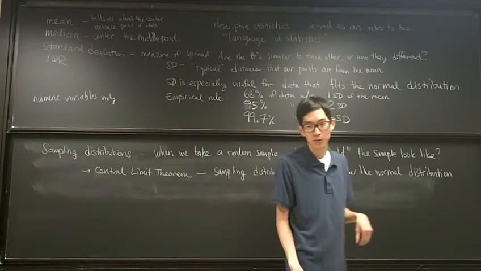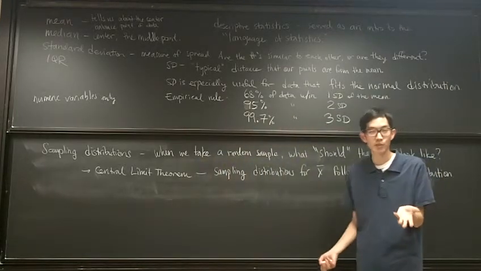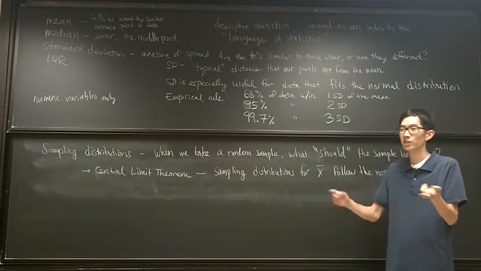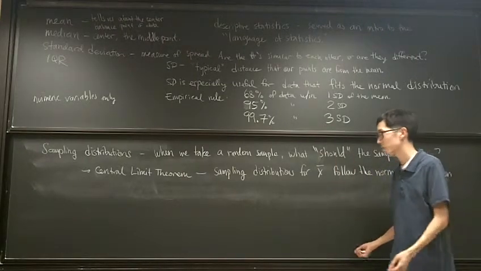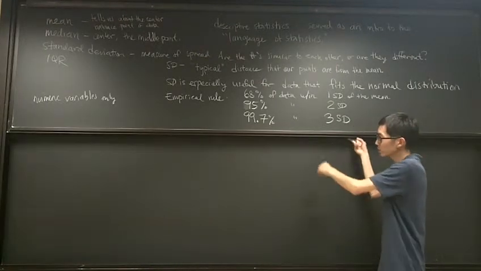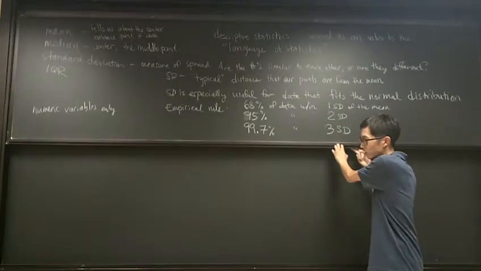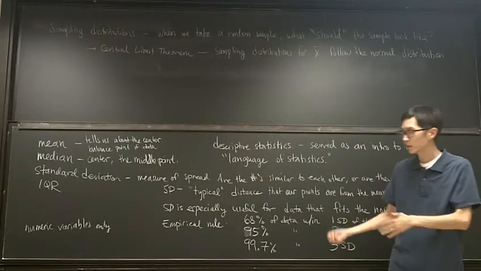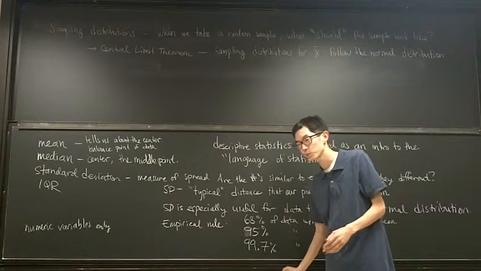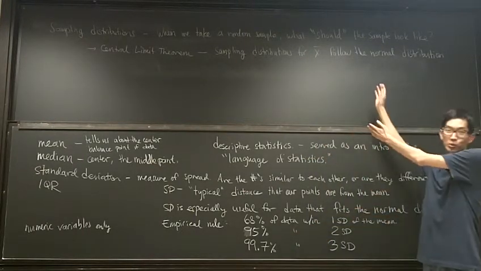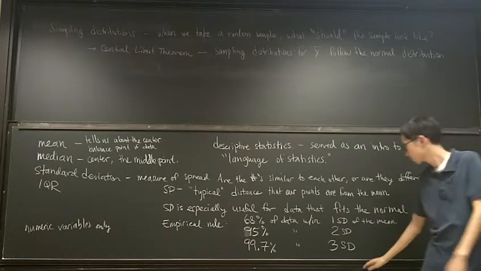And this was our first step into inference, okay? When we had confidence intervals and t-tests, we were using the ideas behind the central limit theorem and sampling distributions. And we were using that to draw a contrast between the actual data that we had and what it, quote, should look like.